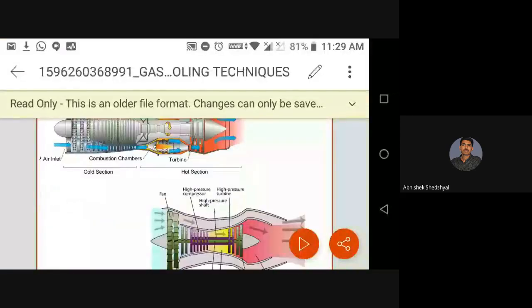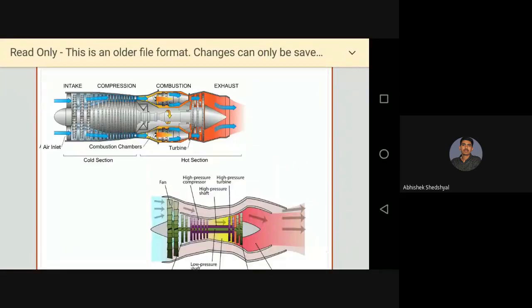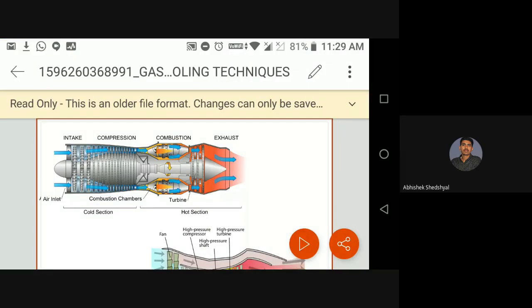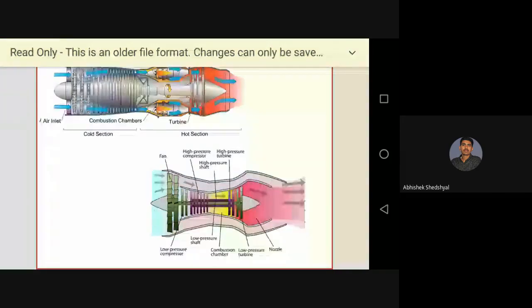And next you can see there are turbine stages. Actually speaking, these turbine stages will not help us to give more thrust or more power to the engine. These turbines are only required to run the compressor stage. In industrial applications, as I told you, in power applications or the helicopter's engine, we need the turbines because they are connected to a shaft, and there we need to generate some power from the shaft.